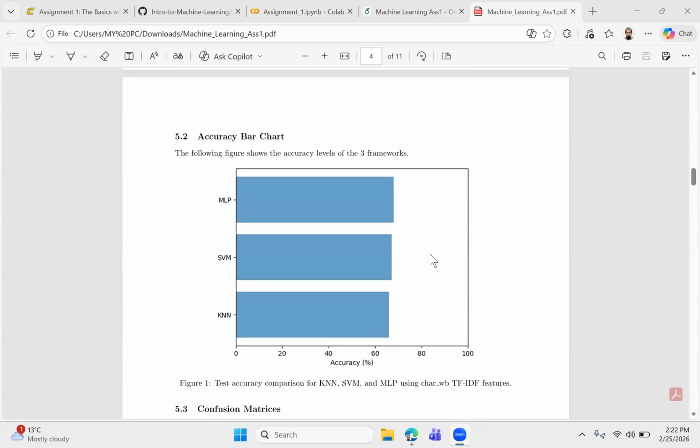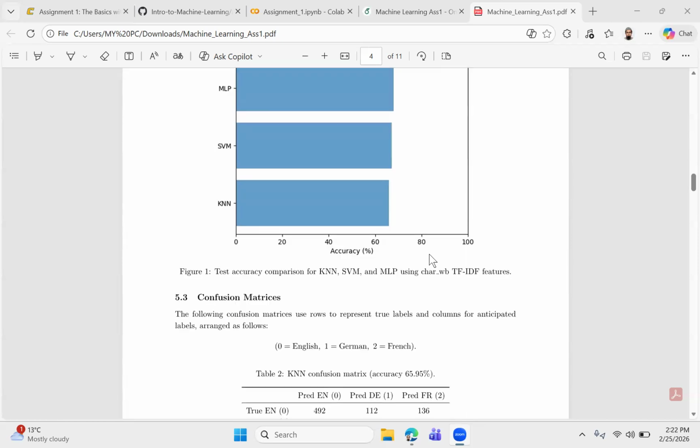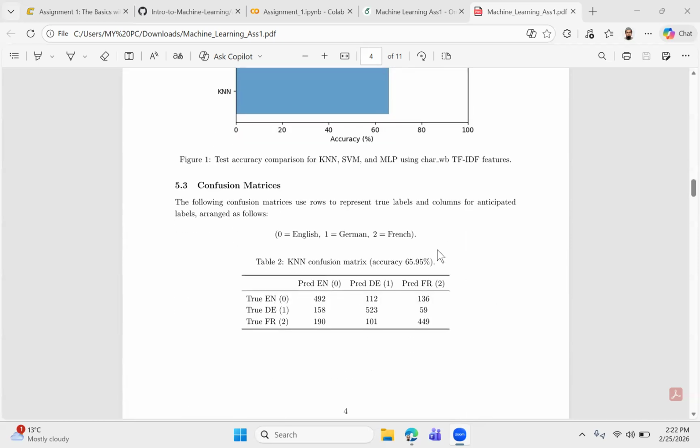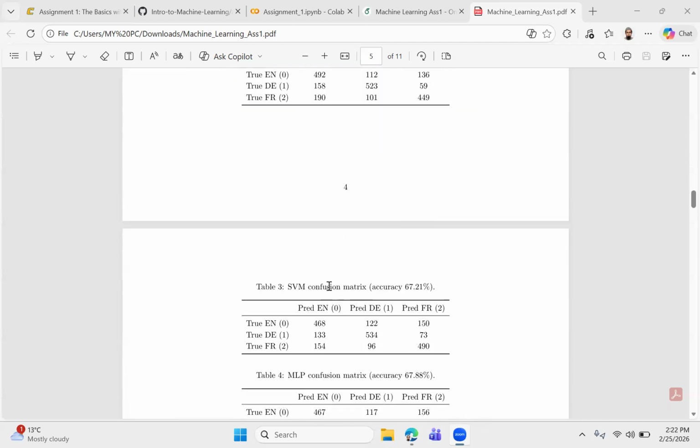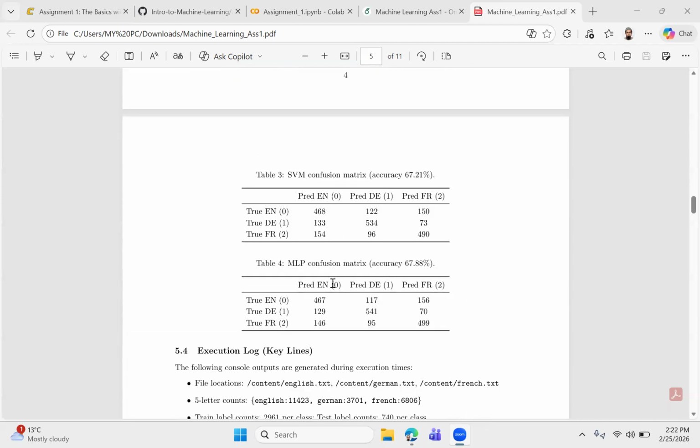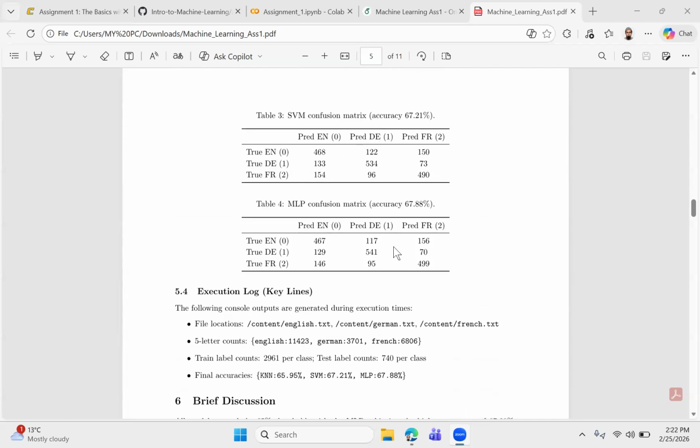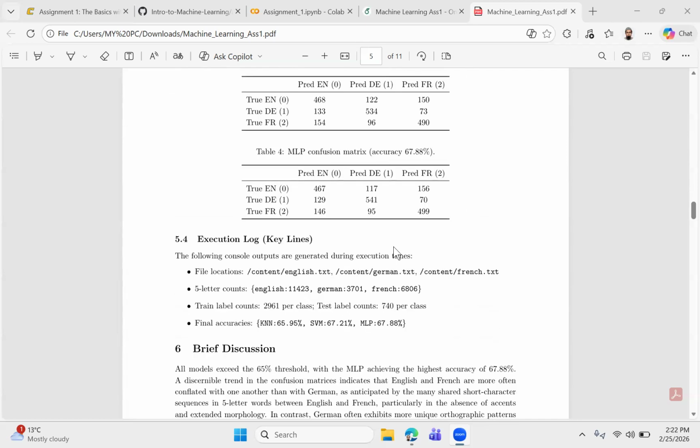This is the bar chart of my accuracy, and this is the confusion matrix for KNN, SVM, and MLP. If we compare the accuracy of all three models, the best model is MLP with SVD, which is 67.88%.